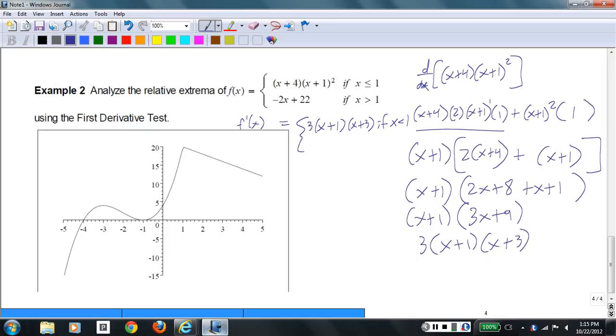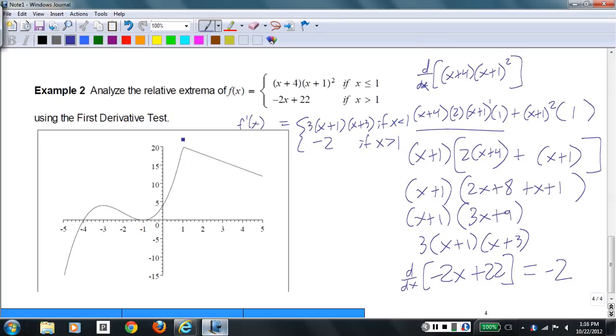And over here, what's the derivative? d/dx of negative 2x plus 22 is negative 2. So negative 2 if x is greater than 1. Now, without pulling out the limit definition of derivative, let me just establish some sufficient conditions for the function to be differentiable at 1.